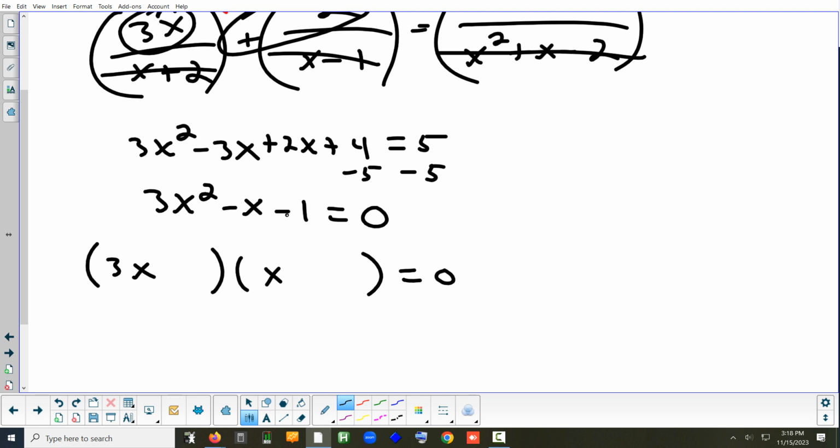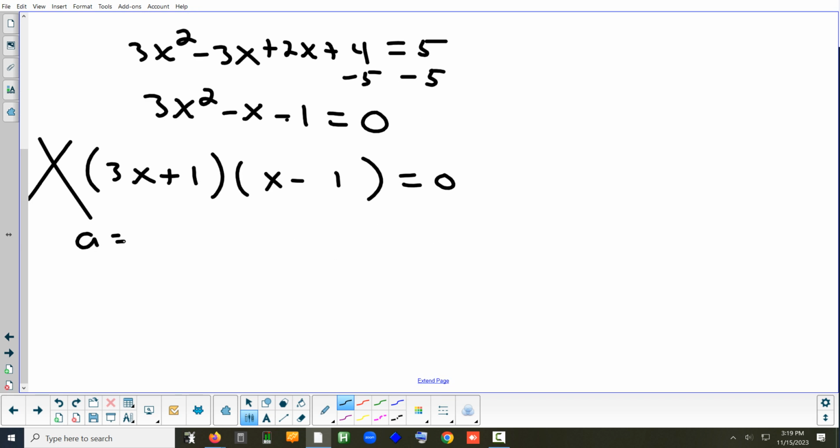Then two numbers that multiply to give me 1: 1 and negative 1. But that's not going to work, because when you multiply it out, that's negative 3x plus 1x, which is not negative x. So this isn't factorable. You have to use the quadratic formula, which could happen on the test. Okay. What's A? 3.